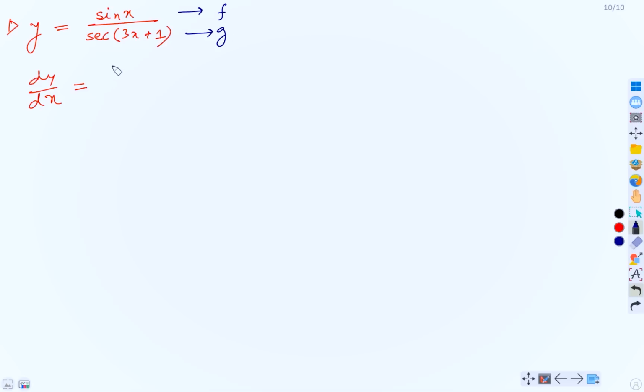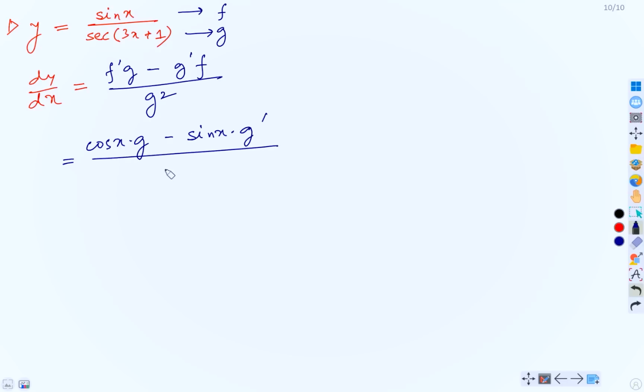So we have our dy dx as f dash g minus g dash f upon g square, and the symbol is minus. Okay. So we know straightforward f dash is cosine x, times g, minus sin x times g dash, by g square. We just have to evaluate this g dash.